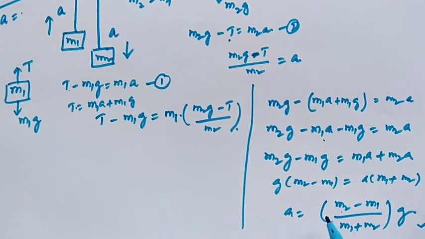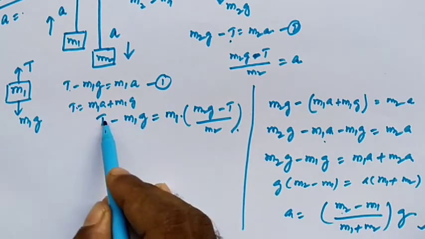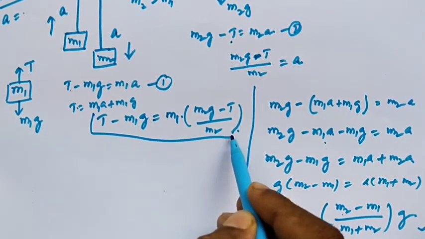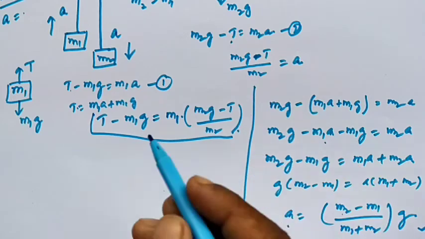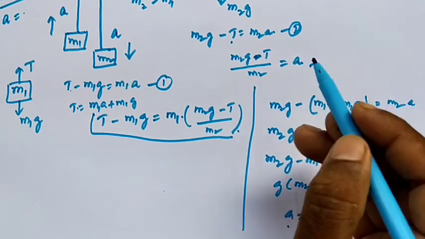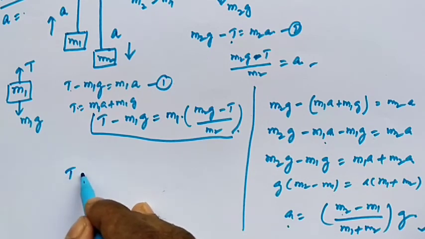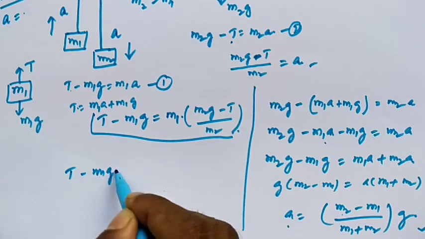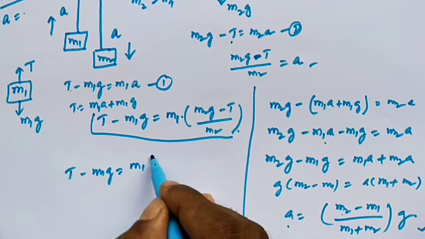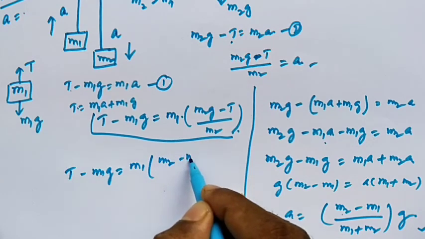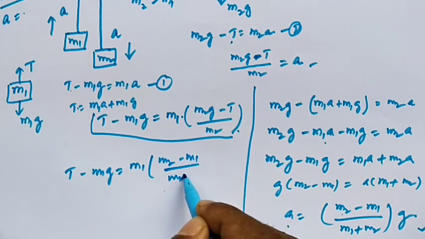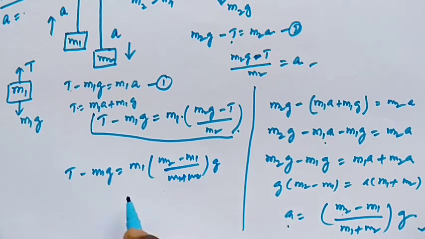Now you calculate the tension here. Instead of doing it the earlier way, you can substitute the a value in any one of the equations. Let us substitute in this equation: T minus m1g is equal to m1 times a, where a is (m2 minus m1) by (m1 plus m2) times g.